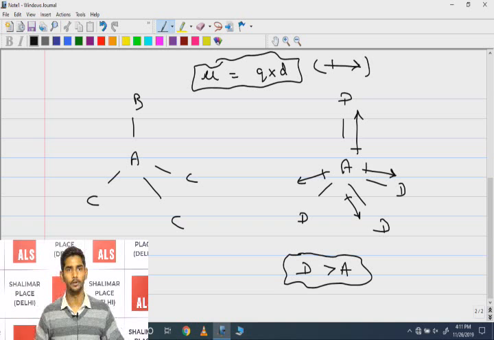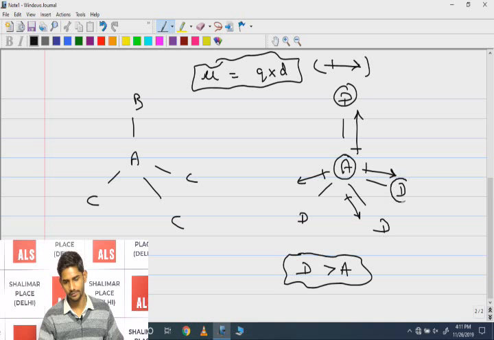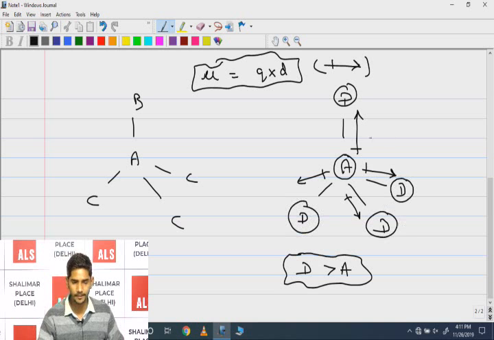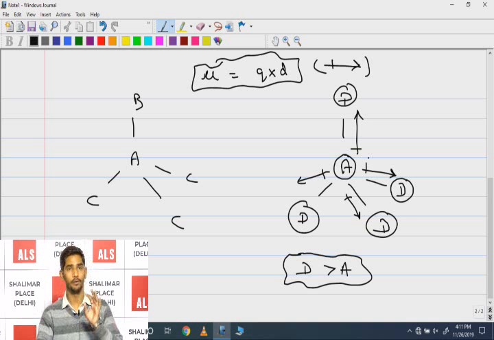If you don't want to understand with the help of symmetry, you can simply check that all the dipoles have equal magnitude. Here the dipole moment is between A and D, here as well between A and D, A and D and A and D. So all the dipole moments have the same magnitude.